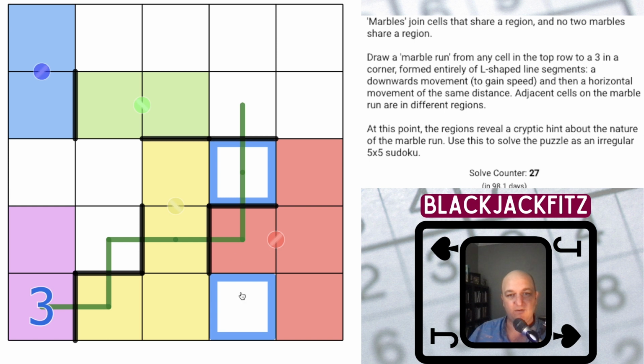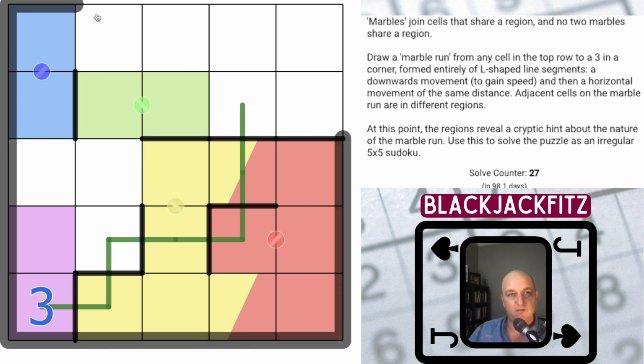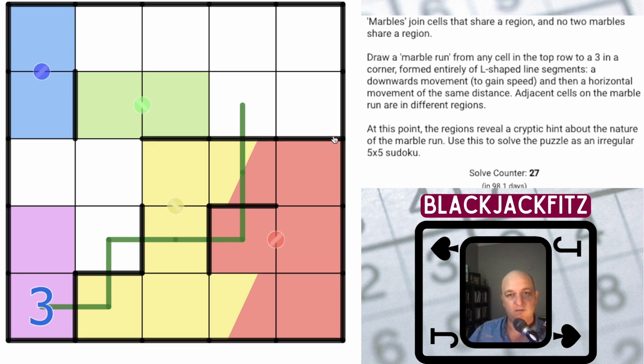I think this is a yellow-red pair, which fills all of these digits. So we can draw some more borders in here. And I will wrap the whole perimeter. Oops, I think that's all legit.